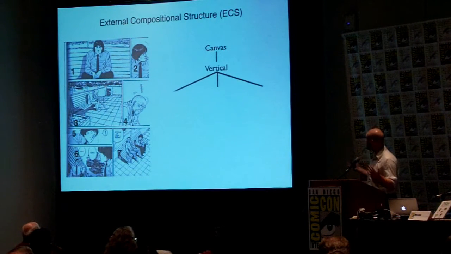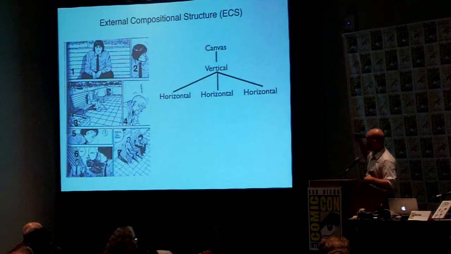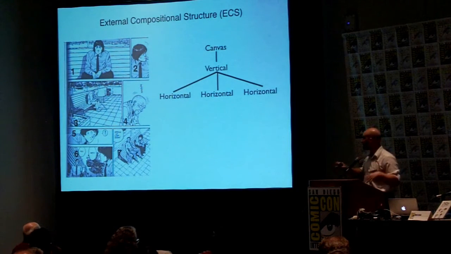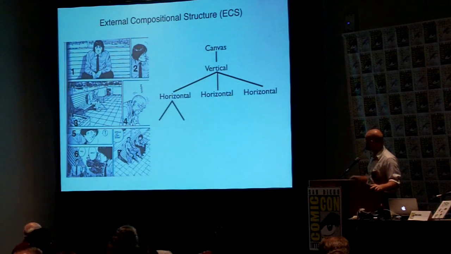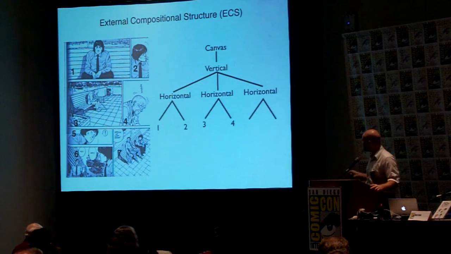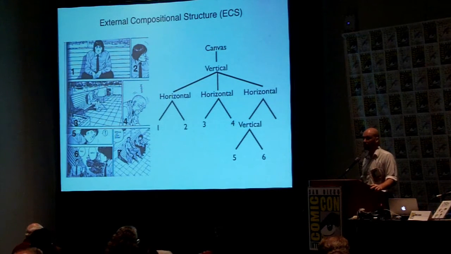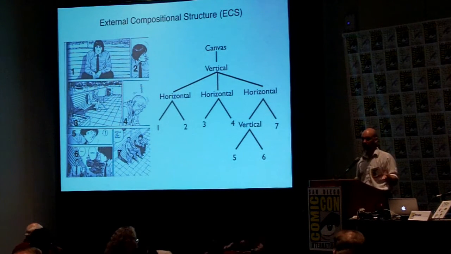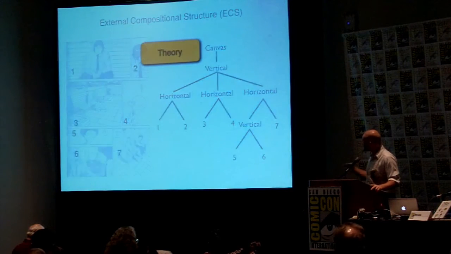So the order is now that we have a vertical downward motion in which we have 3 horizontal tiers, okay? 3 rows. The first row is made up of panels 1 and 2. The second is made up of 3 and 4. And then the final one first has another vertical tier that has 5 and 6 in it before moving to panel 7, okay? So we have this hierarchical structure of how the page is built. All right, so that's theory.